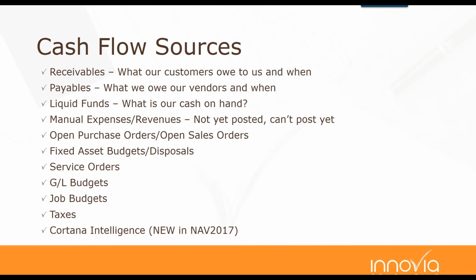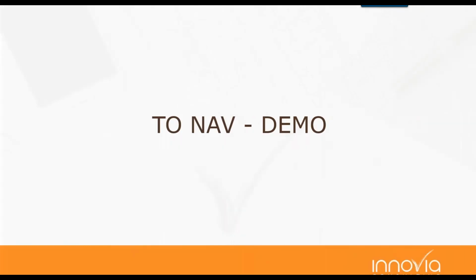For those of you who have jobs, you might want to take into account your job budgets, of course our sales taxes, and then also Cortana Intelligence. Now with Cortana Intelligence, we can have NAV predict your future cash flow. Based on data you've already posted, you could probably have a bunch of different diverse patterns in that data.